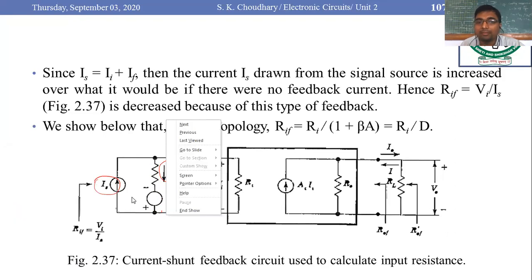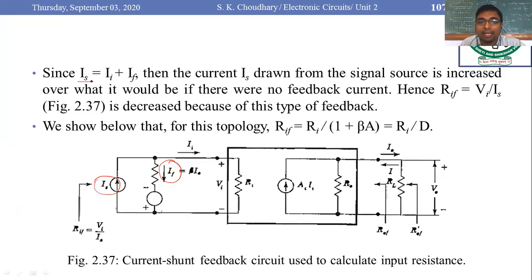So what happens? IS is here, and the current at this node is distributed into two parts, II and IF. So IS is a summation of II plus IF. Then IS drawn from the signal source is increased over what it would be if there was no feedback.